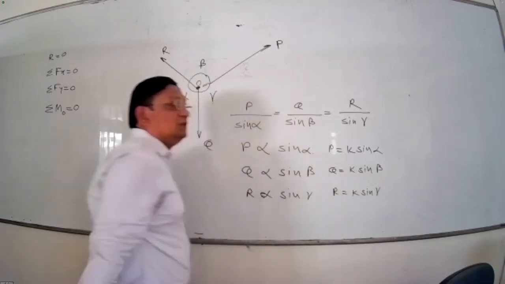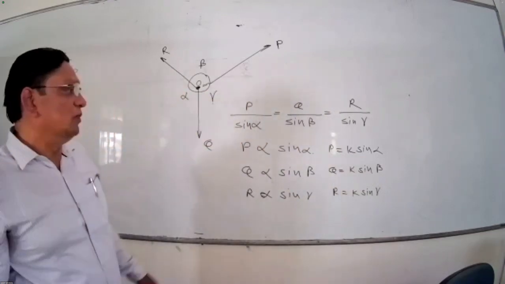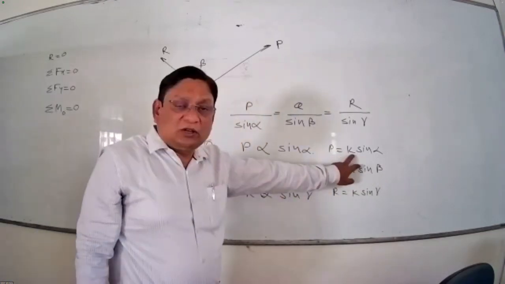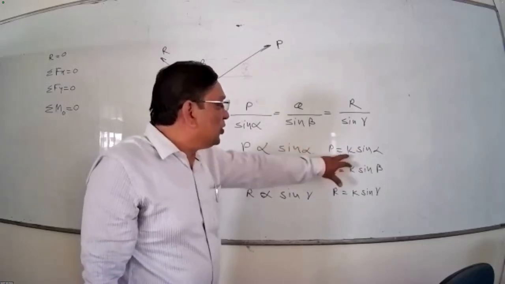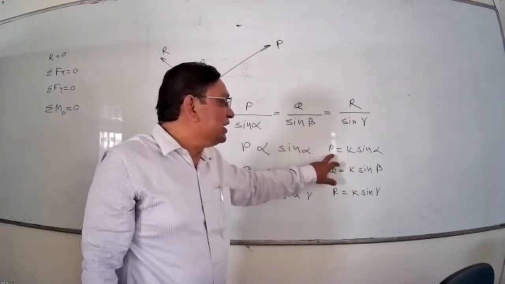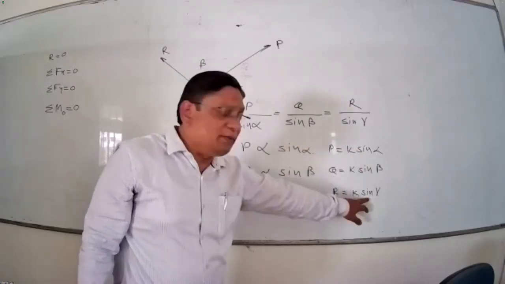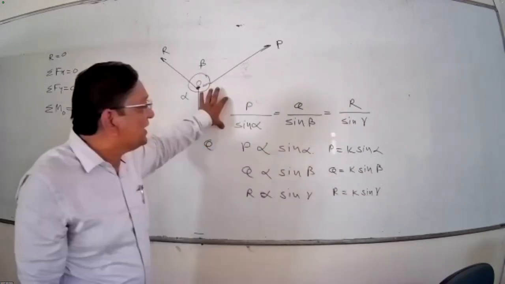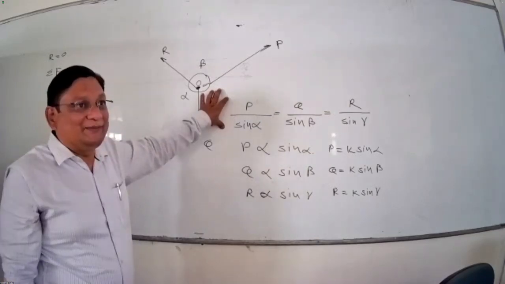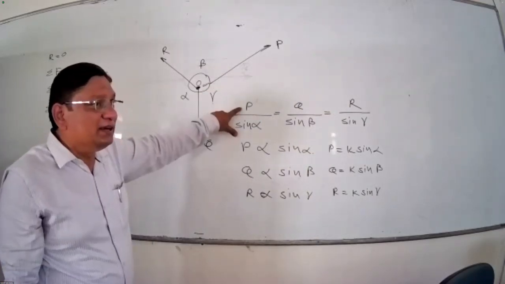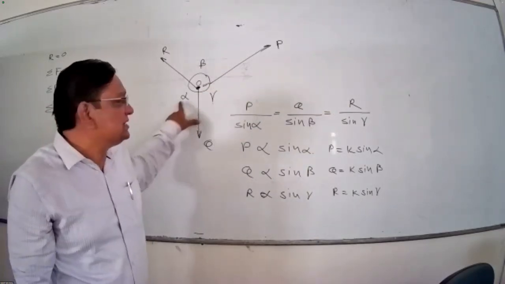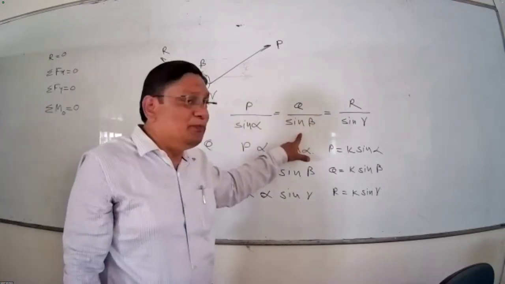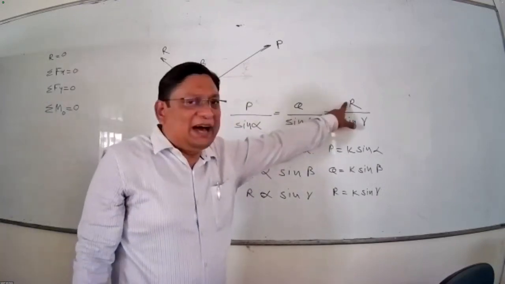K is the constant of proportionality. So P by sine alpha equals K, Q by sine beta equals K, and R by sine gamma equals K. Finally, I am writing the statement of Lami's theorem like this: P divided by sine of the angle between the other two forces, that is alpha, Q upon sine beta, similarly R upon sine gamma.